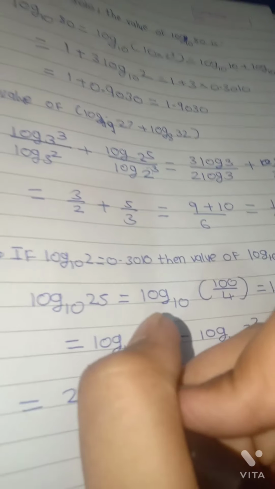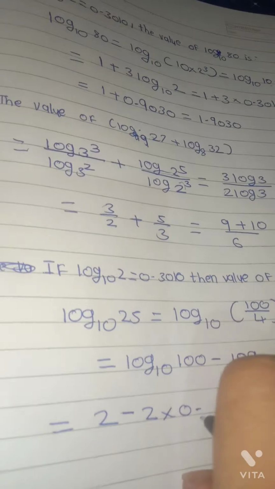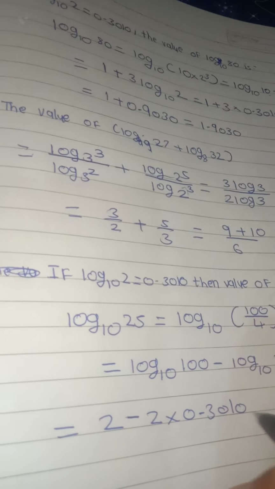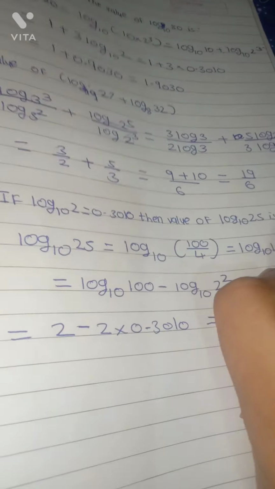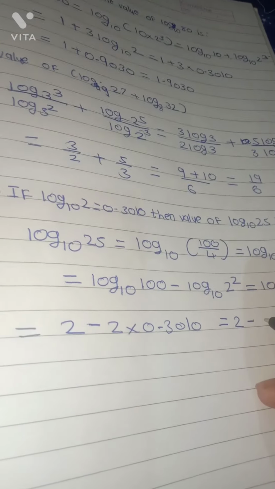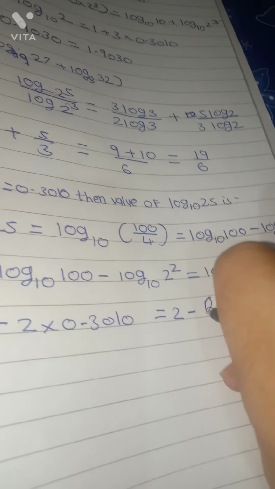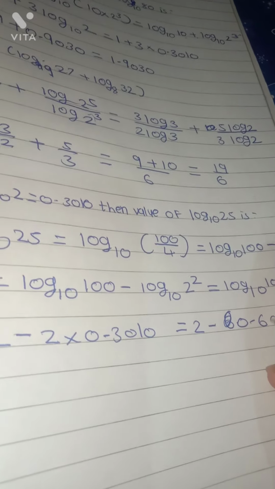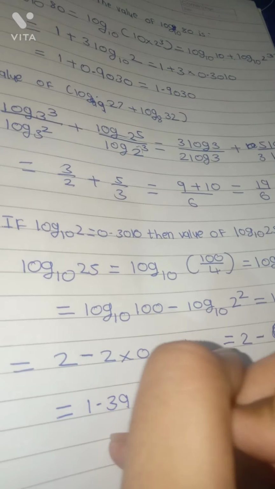So it will be 2 minus 2 into 0.3010, that is equal to 2 minus 0.6020, that is equal to 1.398.